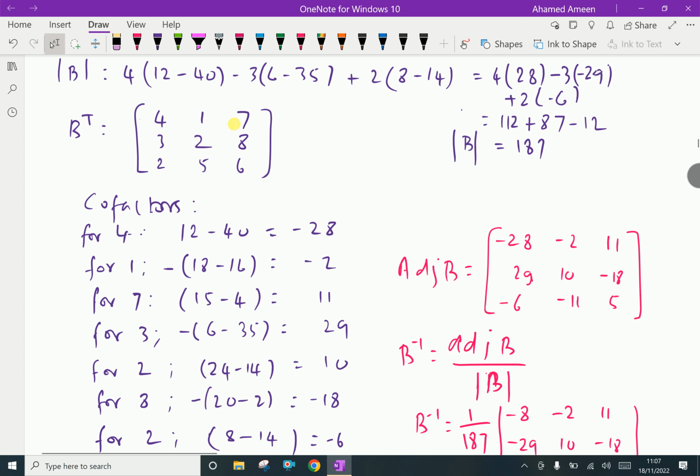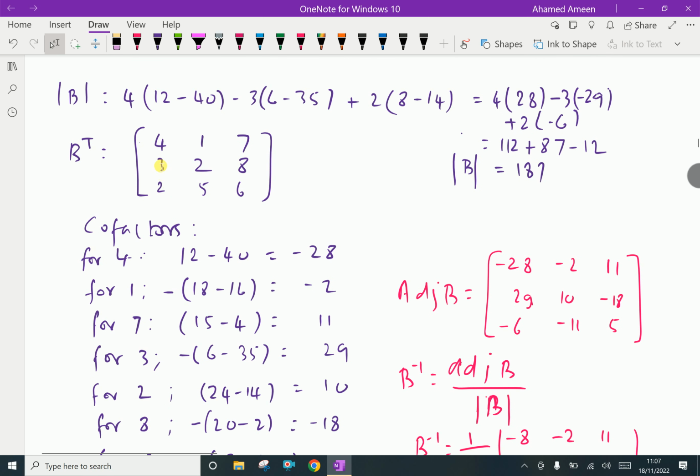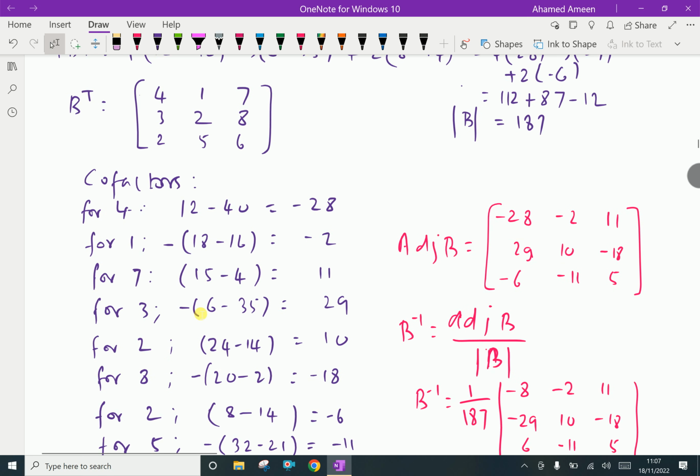Then for 7, positive. 7 is in the first row and third column, so this is the minor: 3 into 5 minus 2 into 2. 3 into 5 is 15, 2 into 2 is 4, so this gives 11. For 3, change the sign as minus.